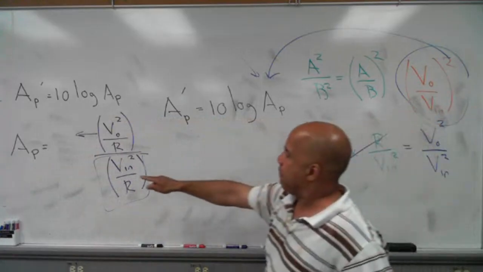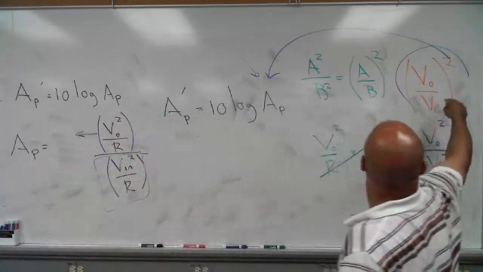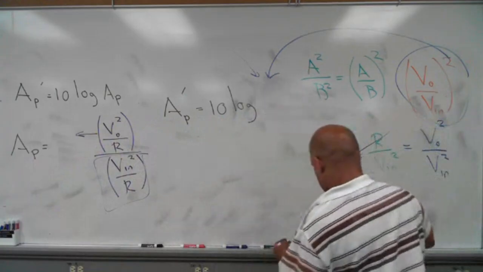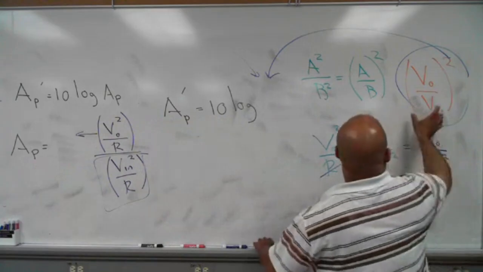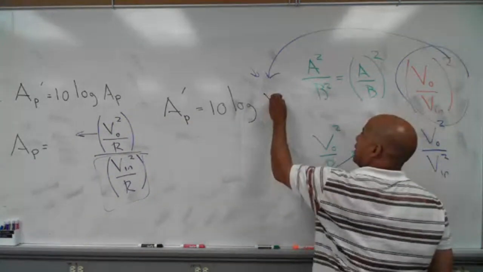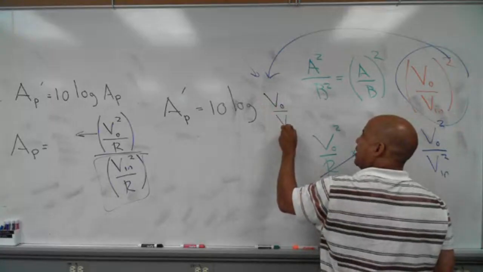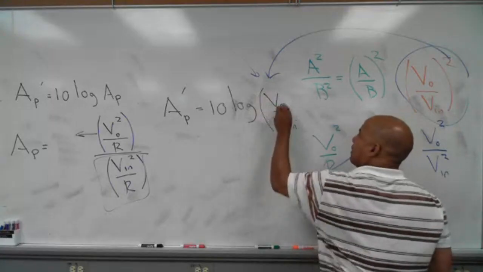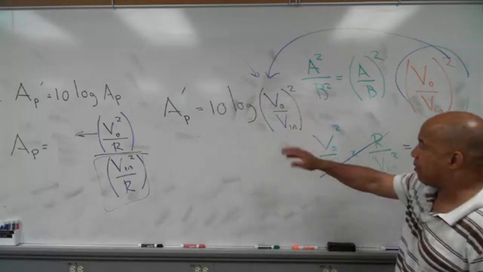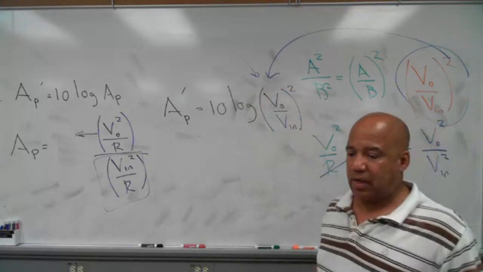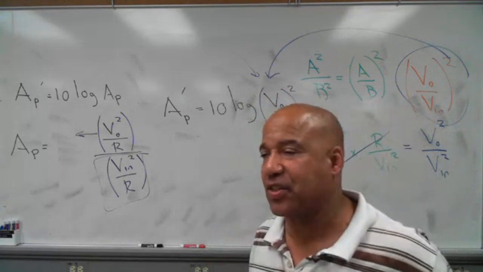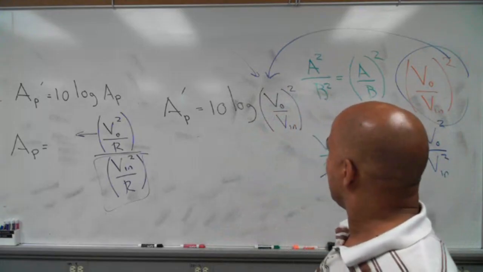So since AP is equal to this right here, I can erase this and put this quantity over here. I can say this is equal to V out over V in, squared. If you follow all the steps, everything we did is mathematically valid.